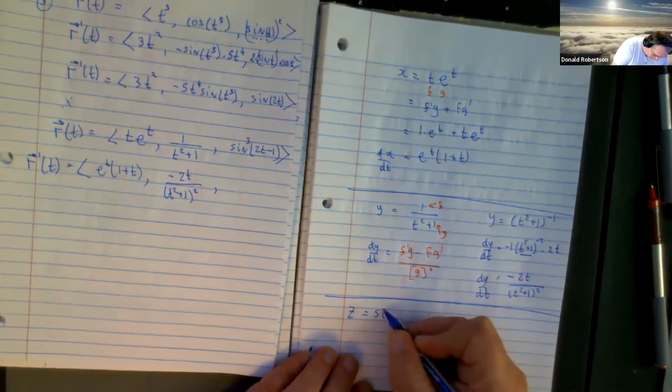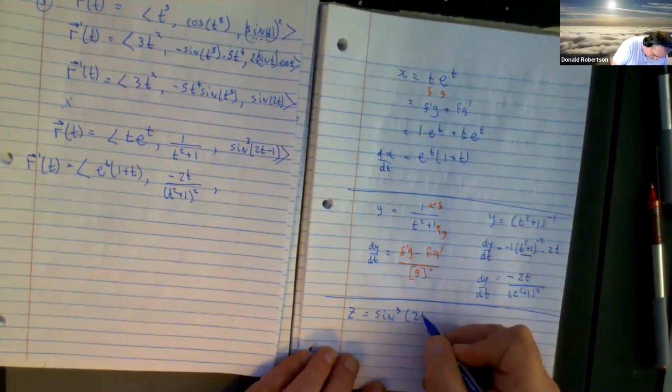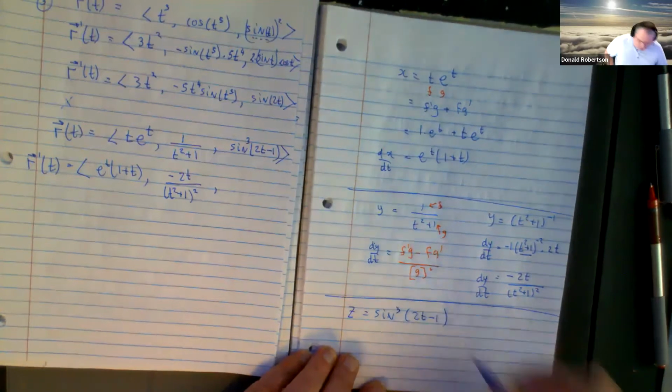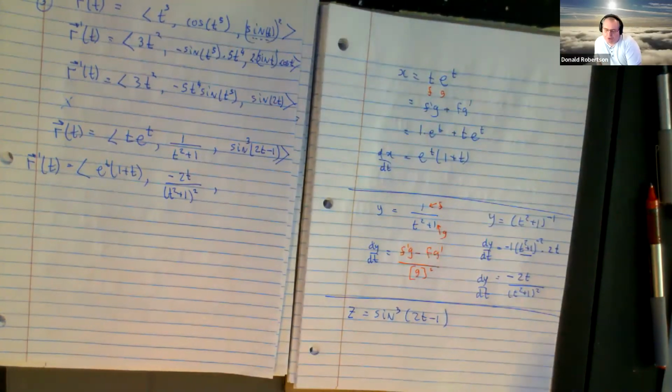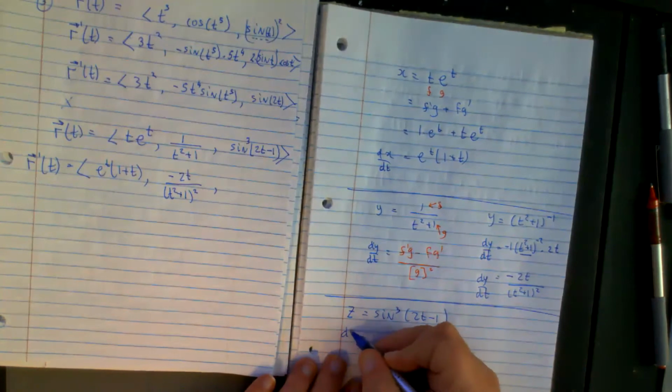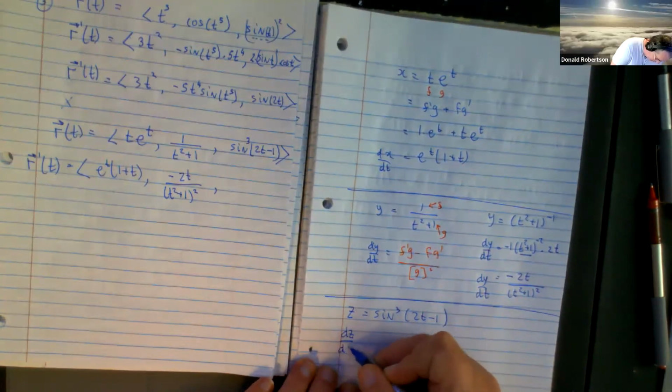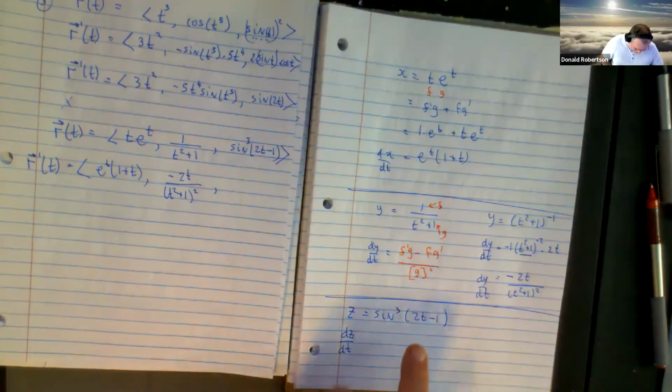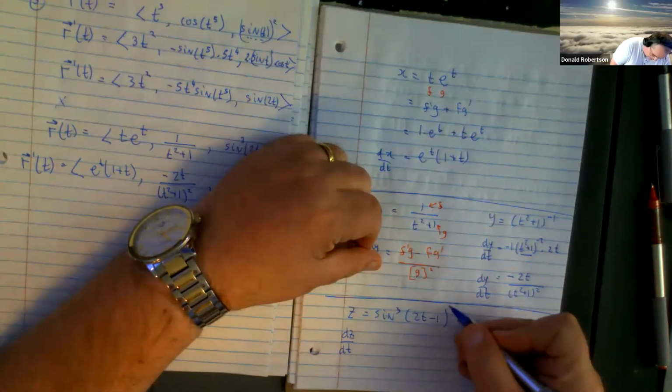And for the final one, what method should you use to differentiate sine cubed 2t minus 1? Gotta double chain rule it. You would. I call them Russian dolls. They're basically chain rules inside chain rules. So what you've really got is this guy cubed.